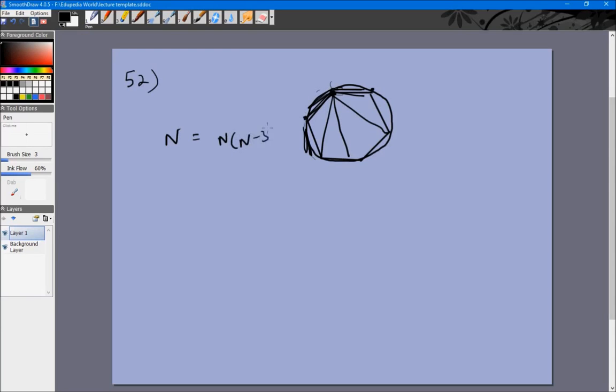You take any point, it makes lines with all points other than 3. So n into n minus 3, obviously you don't want to take any number twice, so divided by 2. So this is the equation, which means n minus 3 is equal to 2, which means n is equal to 5.